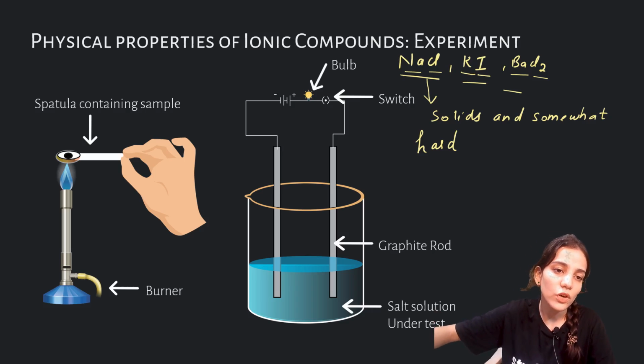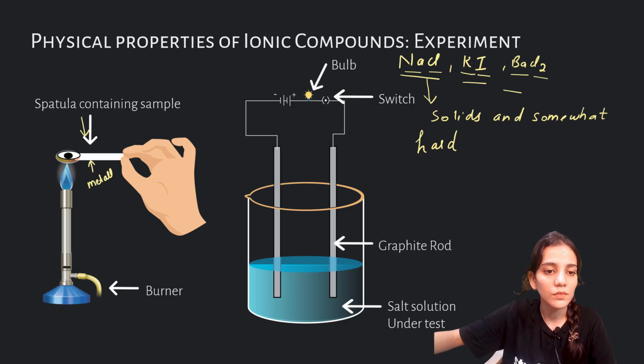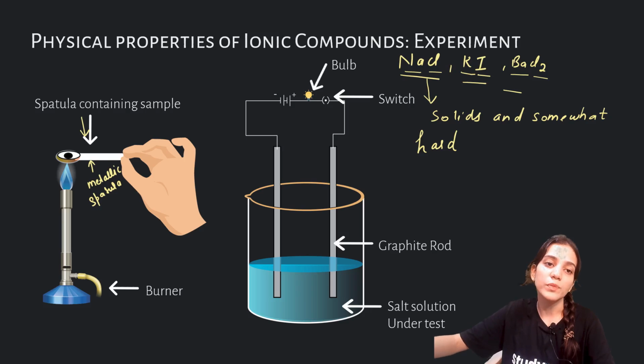Now take a small amount of this sample on a metallic spatula. This is a metallic spatula. Take a small sample on this spatula and heat it directly on the flame. So now what did you observe?